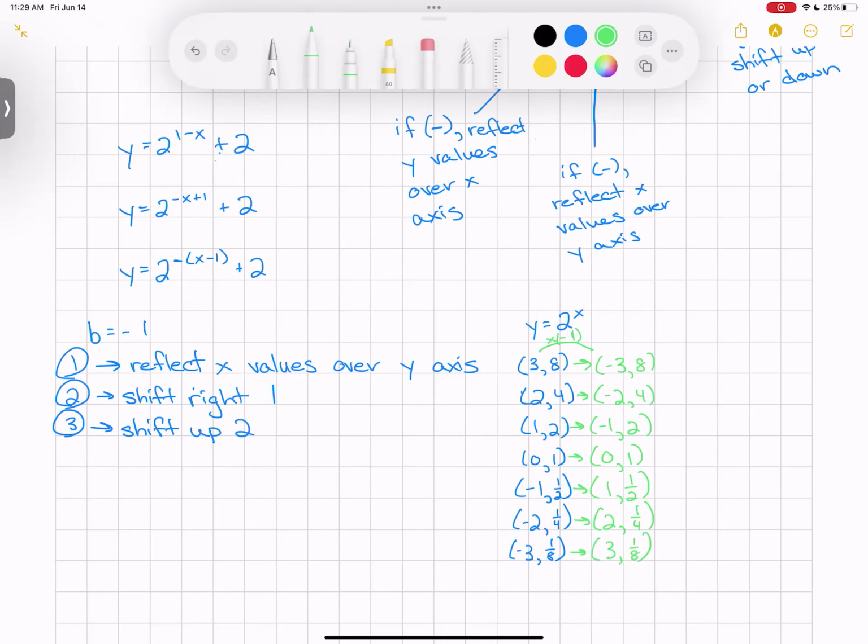Okay, my next step is to shift all my x values right by 1. So we're going to be adding 1 to our x values. So I'm going to do that, and so add 1 to every x value.